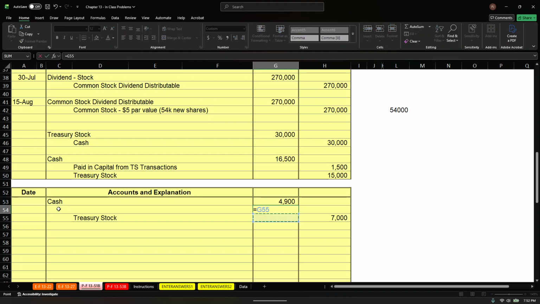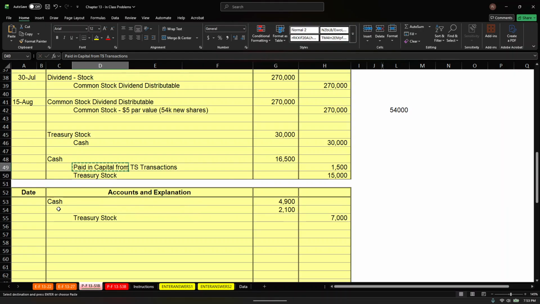And now we can see we are going to have to take some debit. Okay, so we can't just do this because we only have $1,500 in our little piggy bank here. Okay, so we're going to have to split this up.